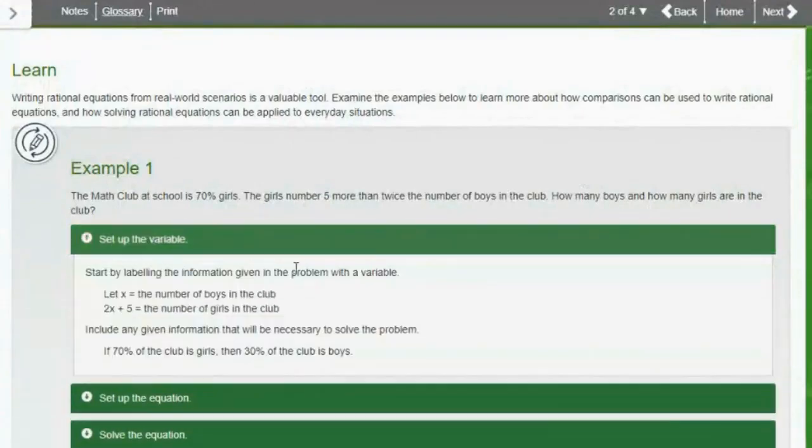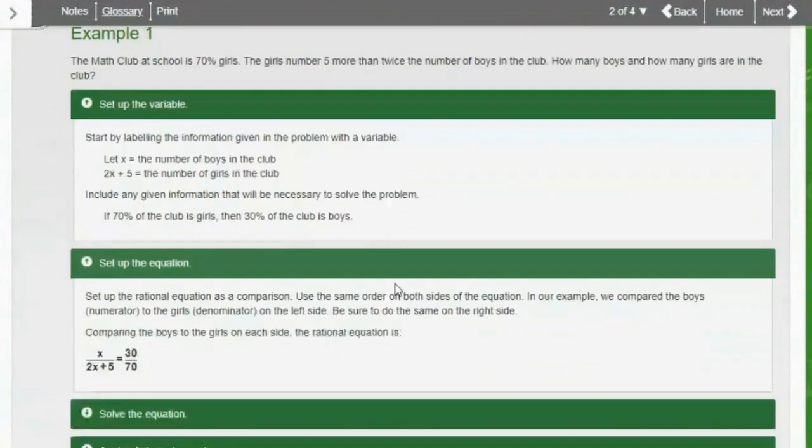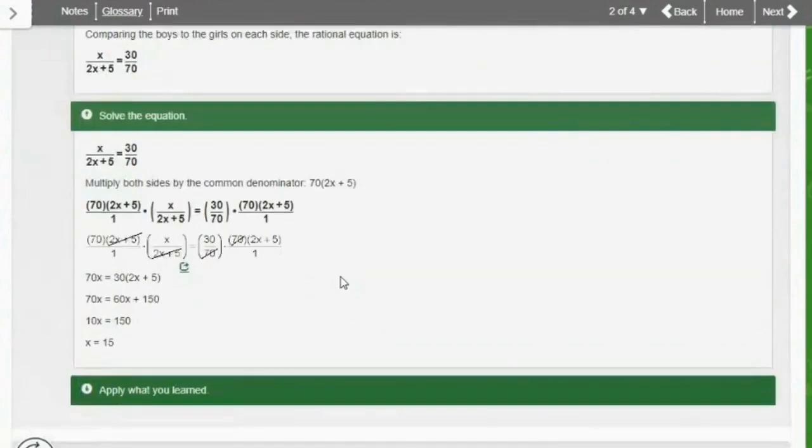Let's see how they did it. X, 2x plus 5, 70%, 30%. They set up the x over 2x plus 5. And then, let's see, they did the common denominator, but they canceled out the common denominator to end up with the same thing I did.